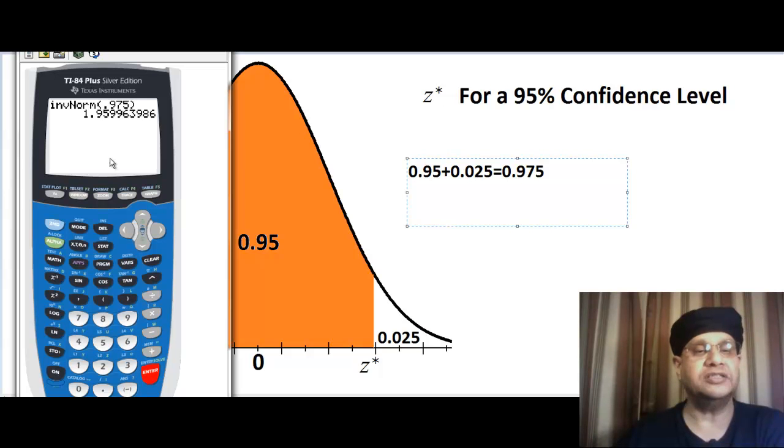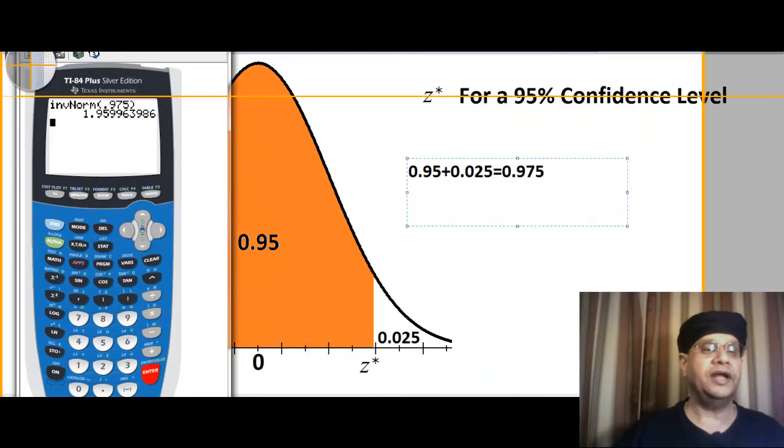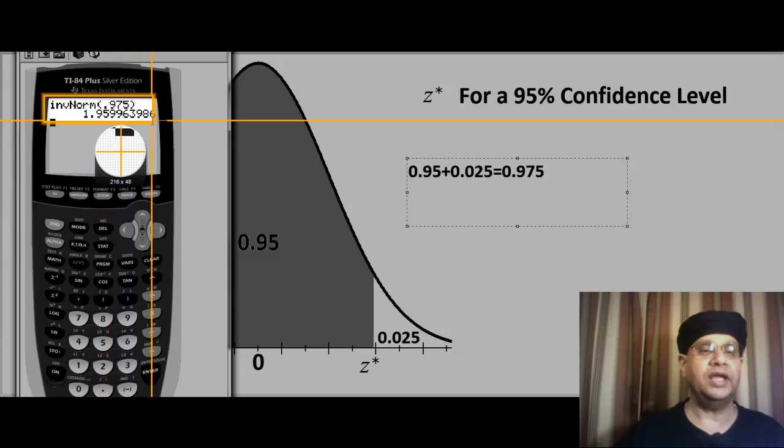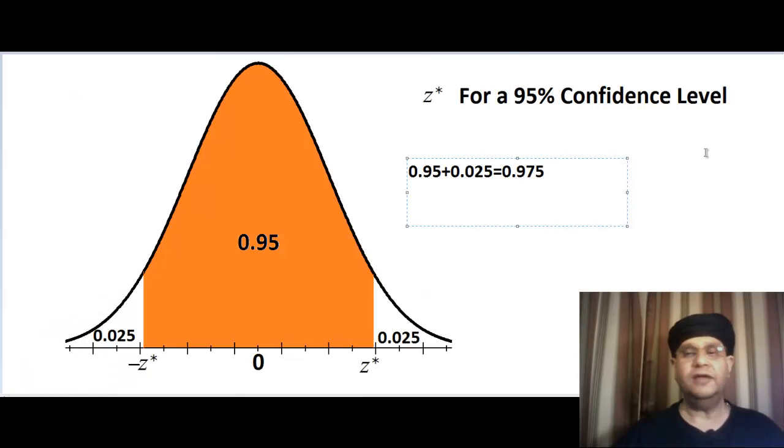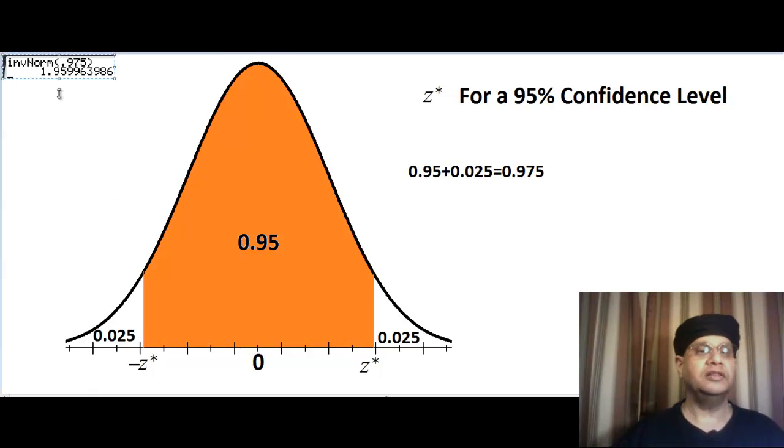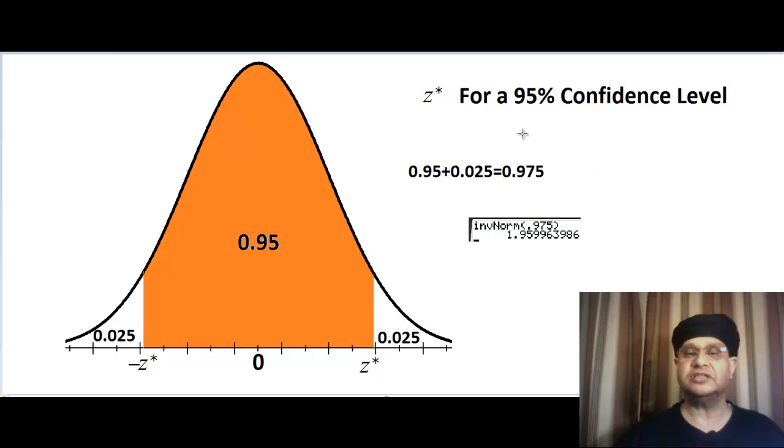Approximately 1.96. So this is the value of z star for a 95% confidence level.